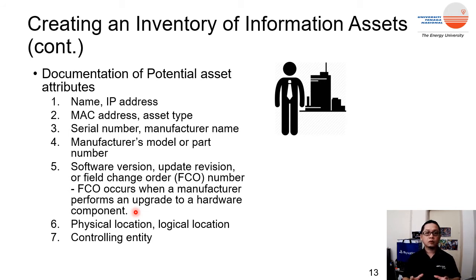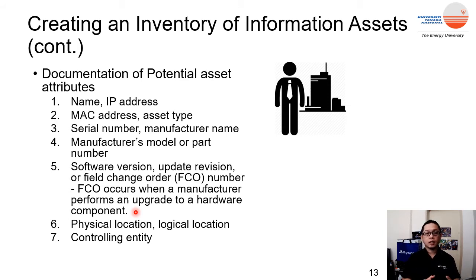So you need to have proper documentation of your asset and any information which relates to that asset. Remember, this is the very beginning of your asset identification activity. You just list out which assets you deem worthy in your organization and the accompanying information with regard to those assets.